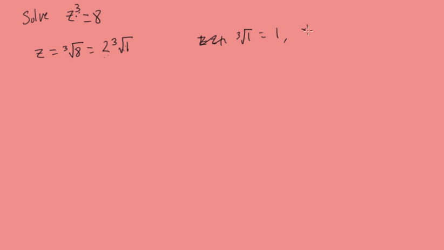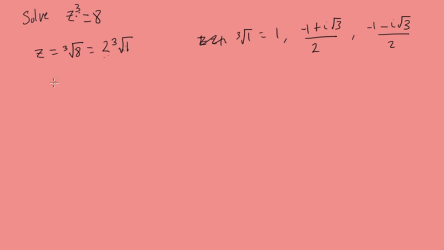So we know that the cube root of 1 is going to be 1, or minus 1 plus i root 3 over 2, or minus 1 minus i root 3 over 2.